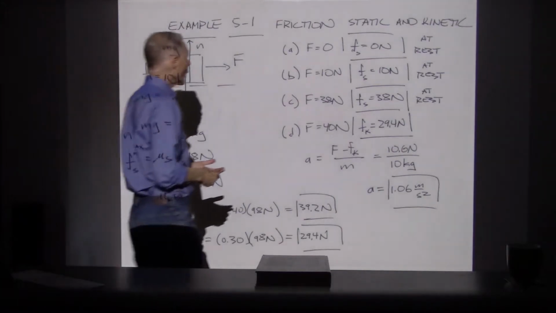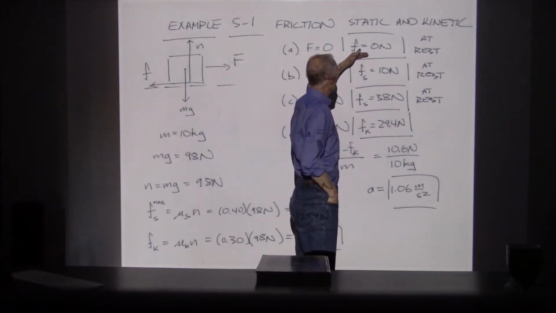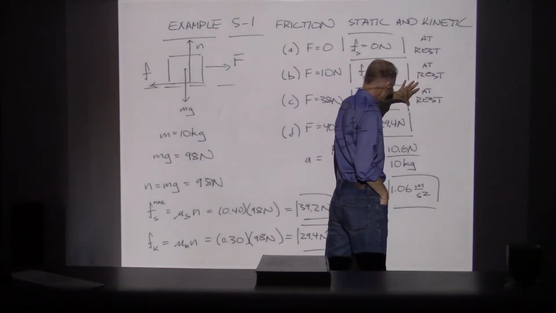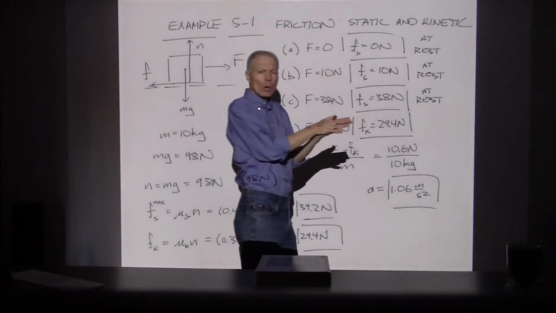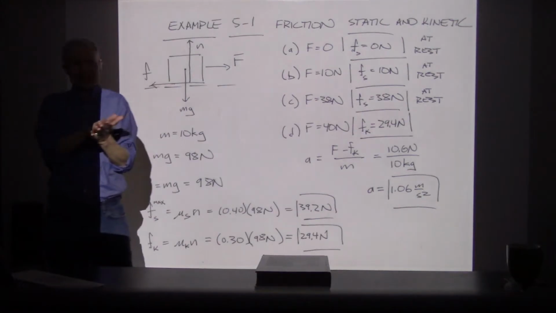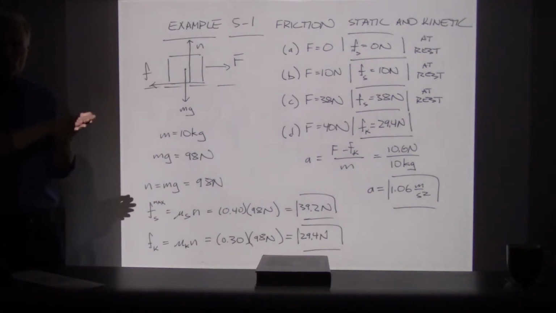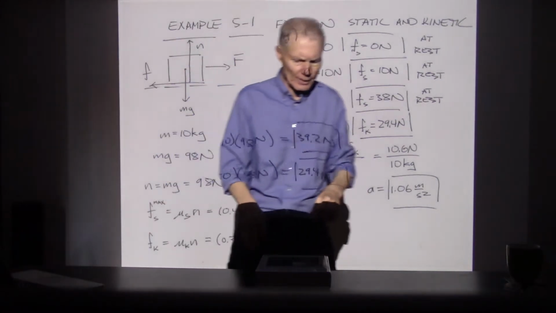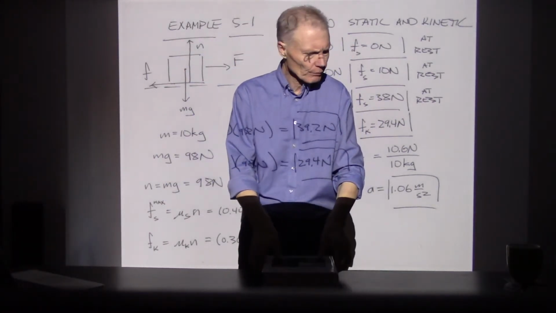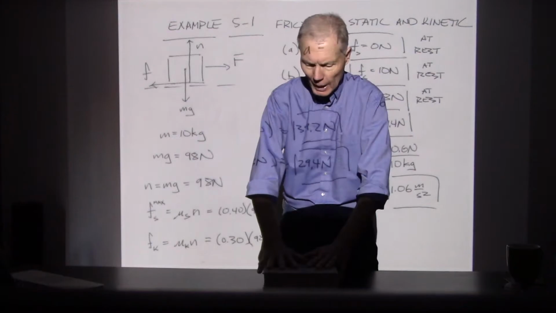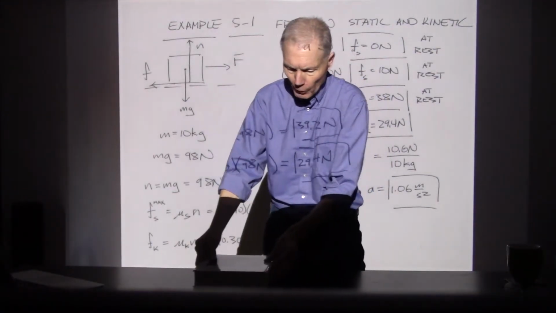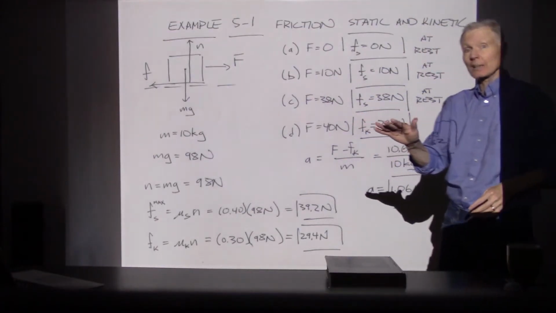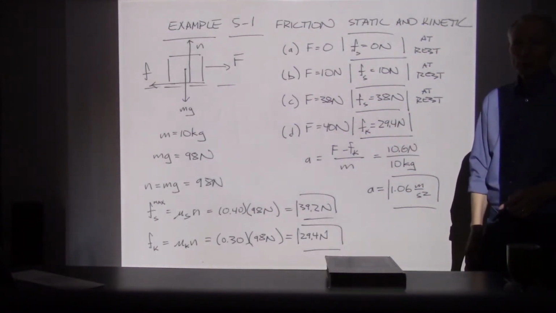And so now, we are no longer, and this says at rest. More generally, what it should say is no sliding. No sliding has occurred yet. Because we could have an example like this. We could have a book, and then we could have something sitting on top of the book, and if I move the book back and forth, and the object on top is not sliding, that's static friction.